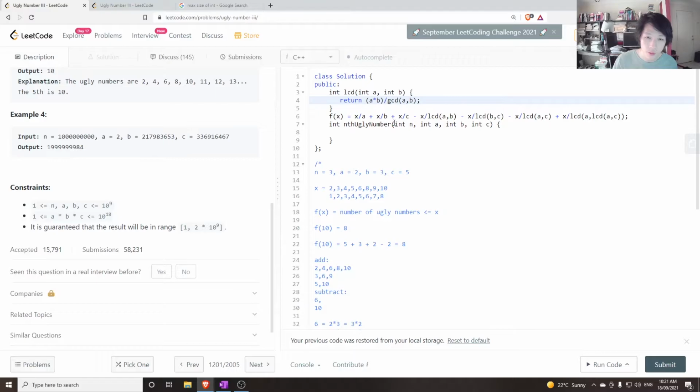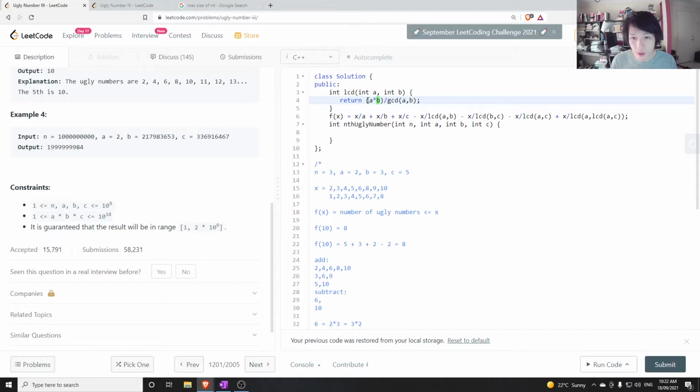If we divide both of these numbers by the GCD, and then multiply them together, then that means these two are definitely not related to each other. They have a different set of prime numbers. That means if you multiply them together, you'll get the least common multiple.